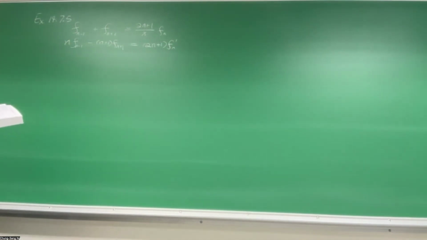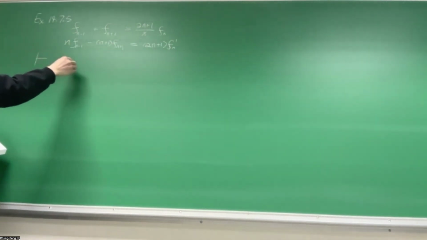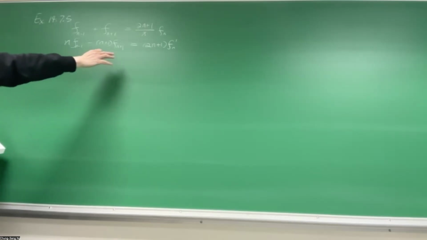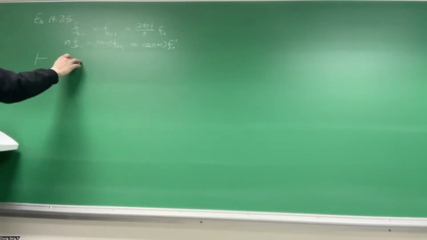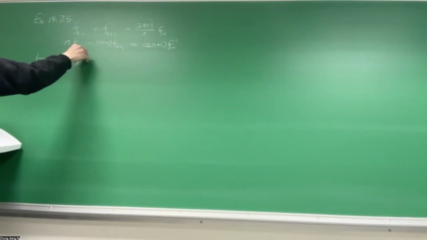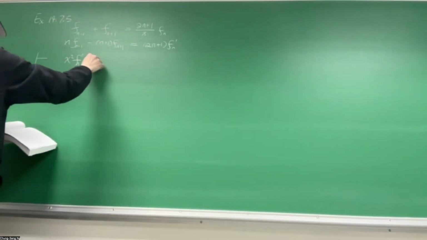Okay, and the question asks you to show that this f sub n that satisfies this set of recurrence formulas satisfies the spherical Bessel equation.